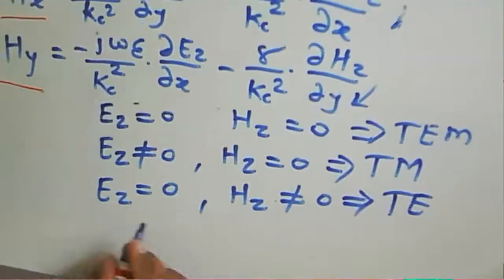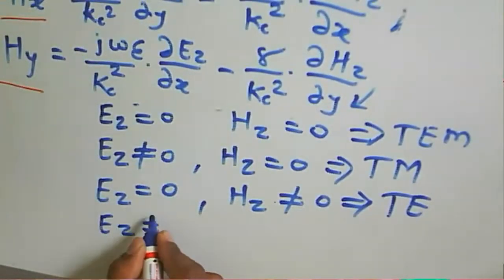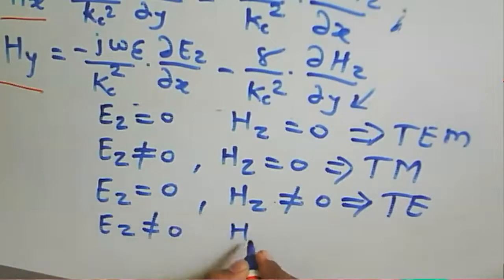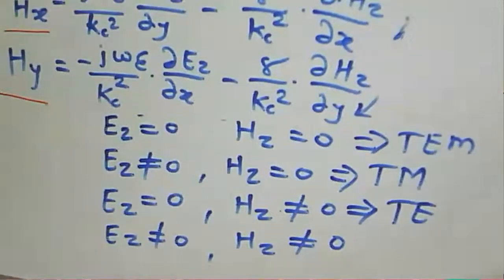Then another case, if Ez is not 0 and Hz is not 0, both the things. It indicates that the field components are non-zero here, along with the direction of propagation.